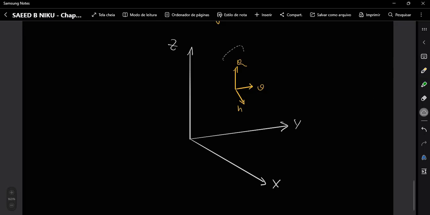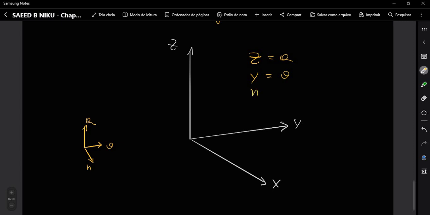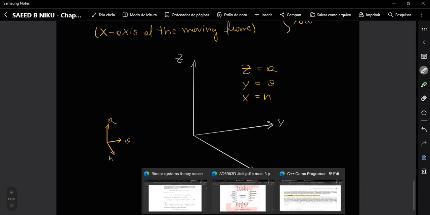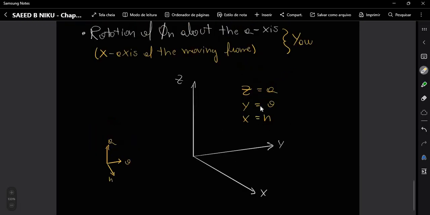And if we put them parallel to each other, so Z, A is pointing in the same direction as Z, O is pointing in the same direction as Y, and N is pointing in the same direction as X. So let's see if this analysis is correct.